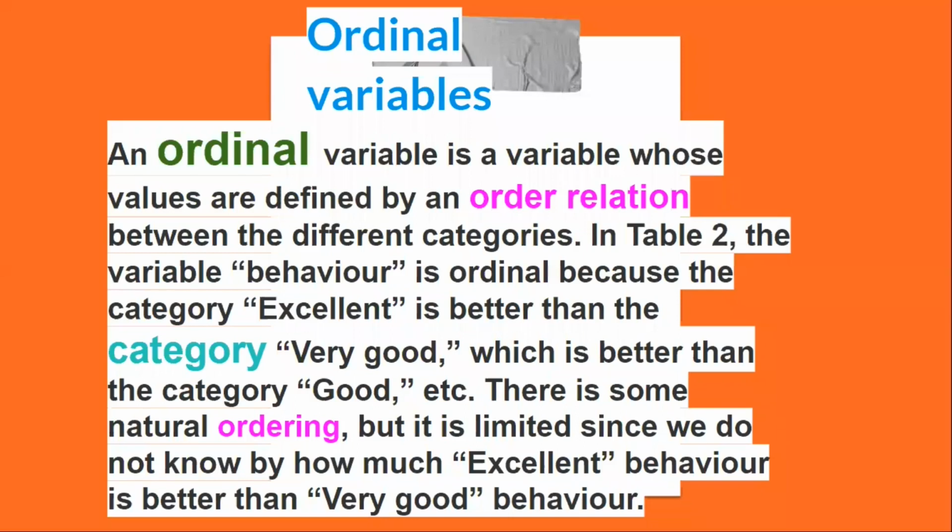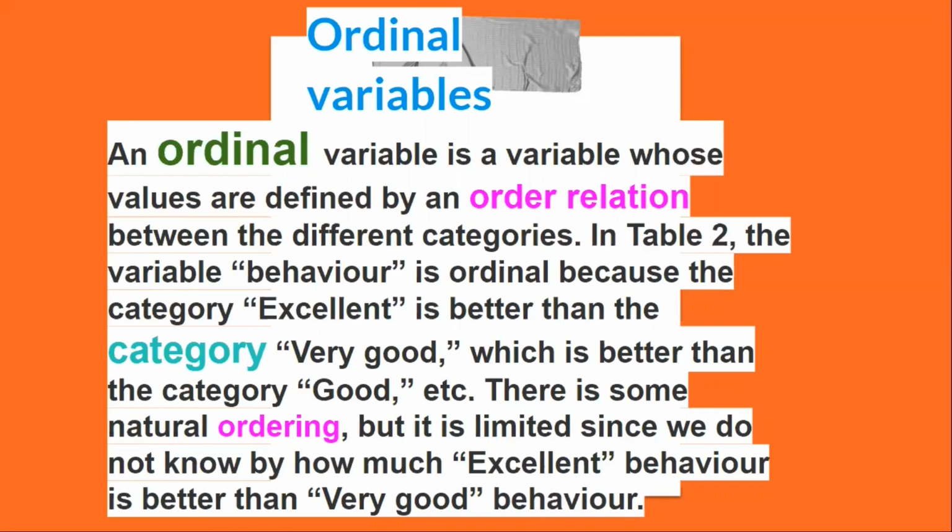The second subcategory of the categorical variable is the ordinal variable. An ordinal variable is a variable whose values are defined by an order relation. The main words we should focus on are order relation between the different categories.